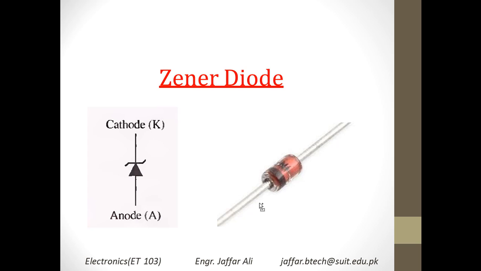Let's start with the recapitulation of the previous lecture. In the previous lecture, we discussed different types of special purpose diodes, starting from Zener, Varactor, tunnel, Schottky, LED, photodiode, optical diodes, and a few other types.